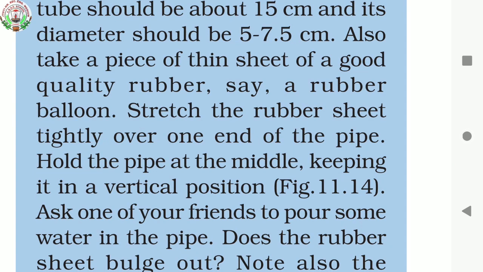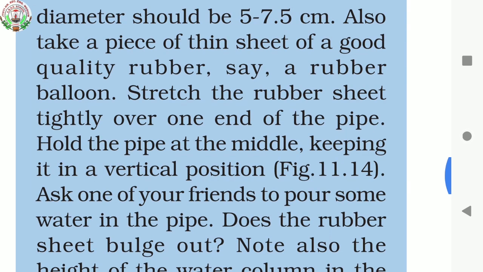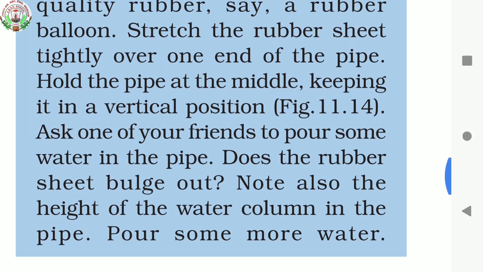Stretch the rubber sheet tightly over one end of the pipe. Hold the pipe at the middle, keeping it in a vertical position. See the figure. Ask one of your friends to pour some water in the pipe. Does the rubber sheet bulge out?